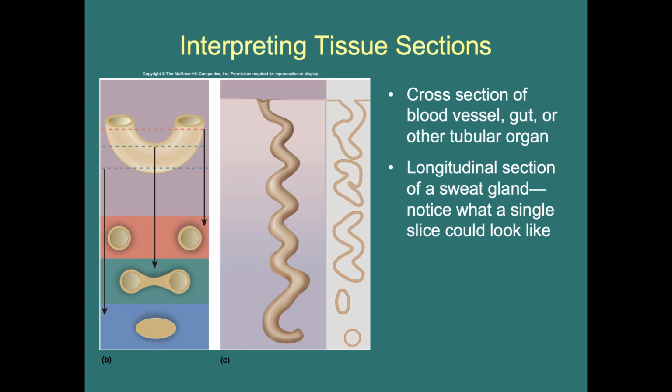Over here we have a squiggly sweat gland, and if we take a longitudinal section, we're cutting down through it, again you can see we see different parts of that sweat gland, but we don't see the entire sweat gland.